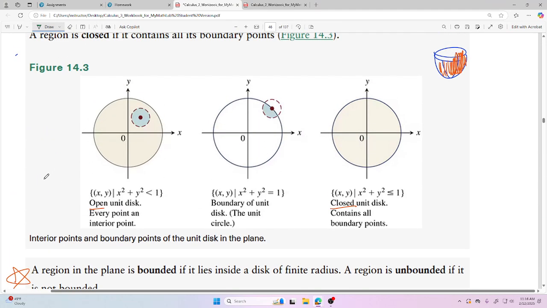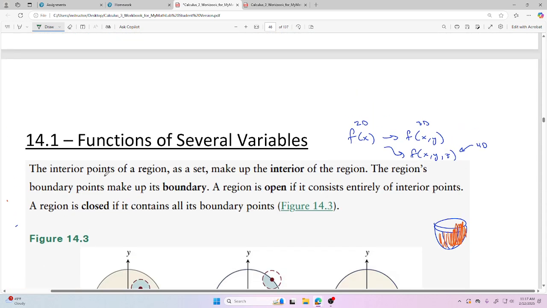Okay. So open means every point that we have. Closed contains all the boundary points. And the boundary is literally just the boundary. Closed contains all boundary points. Here's some more.